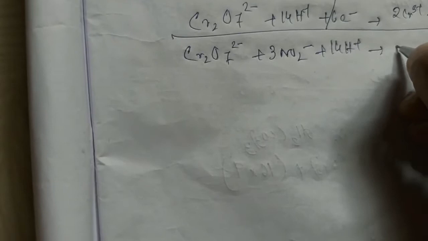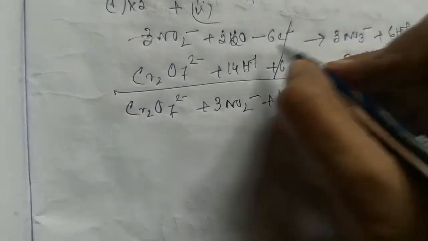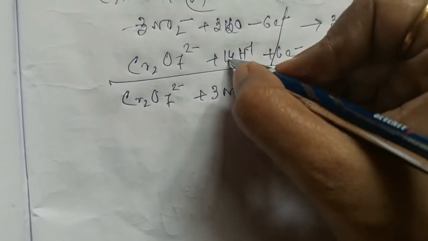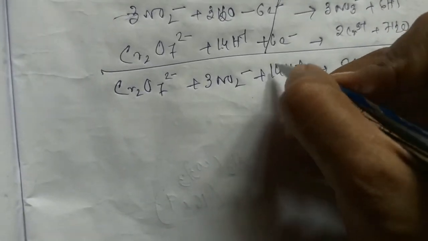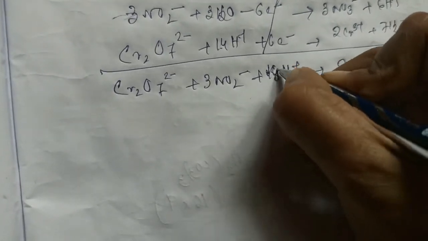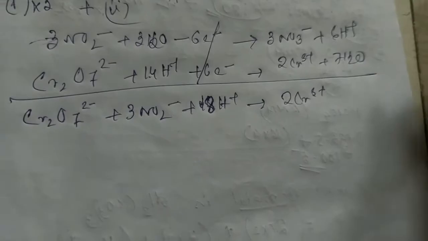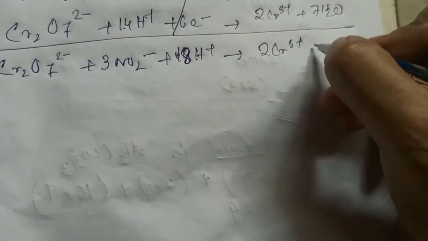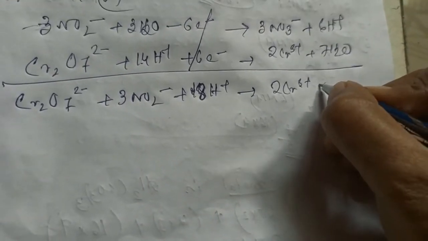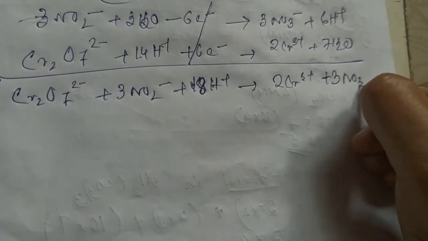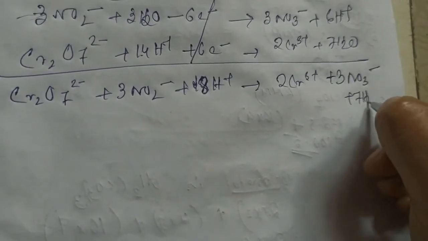plus, products are 2Cr3 plus, sorry, here 6H plus already there, so you can balance over here only. 14 minus 6, that is 8, so just make it 8, or you can go for another step also by writing 6 and next step 8, and then 3NO3 minus plus 7H2O.